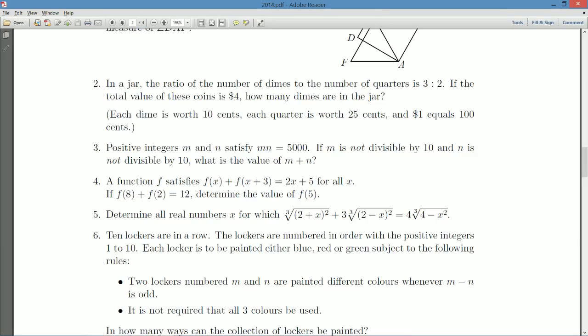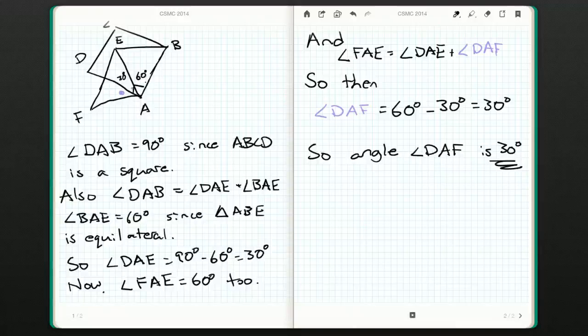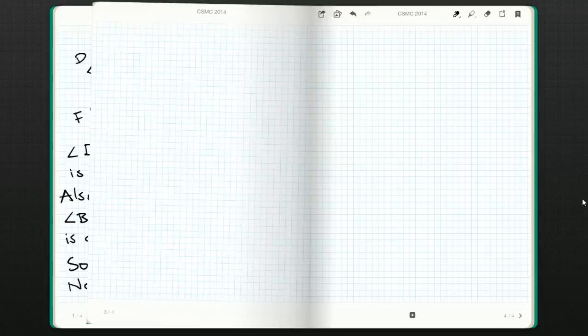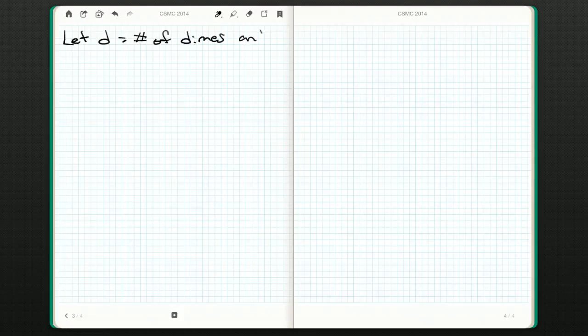So, dimes to quarters is 3:2, and we know the total value of all these coins is going to be $4 or 400 cents. Let's take a look at how we might approach this problem. So we can start off with some variables. We let D be the number of dimes, and Q equal the number of quarters.